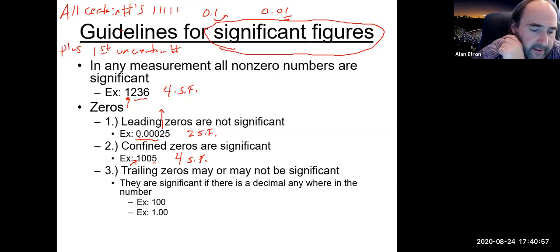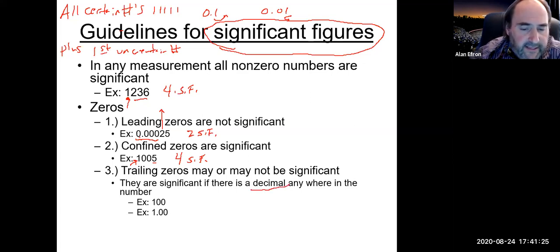Now, the next type of zero is really the one that gives people a super hard time. And it is, I think, the question that you were asking there. It has to do with those zeros that come at the end of a number. And the zeros at the end of a number, they may be significant or they may not be significant. And it is one thing in a number that determines whether or not those zeros at the end are significant, and that is a decimal.